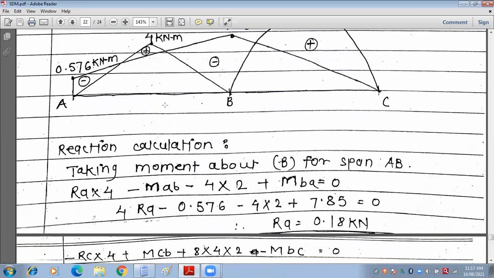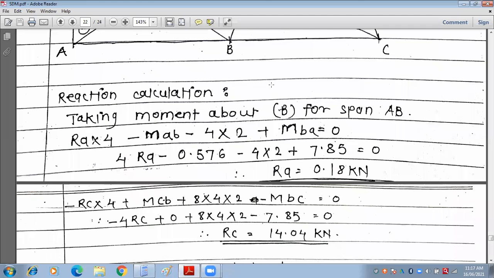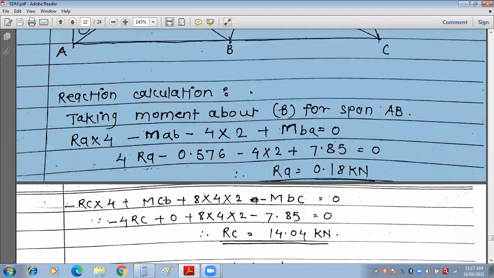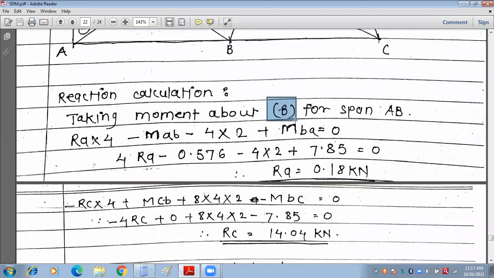Now the next step is to draw the shear force diagram. For this case, we require the reactions. To find the reactions, let us consider first span AB. Let us take the moment of all the forces about point B, and let us consider all the fixed end moments. Here there are two fixed end moments, AB and BA. Reaction RA into 4 remains as it is.